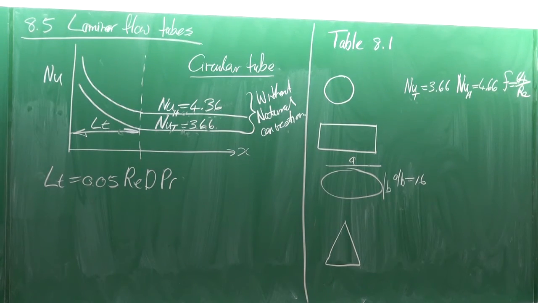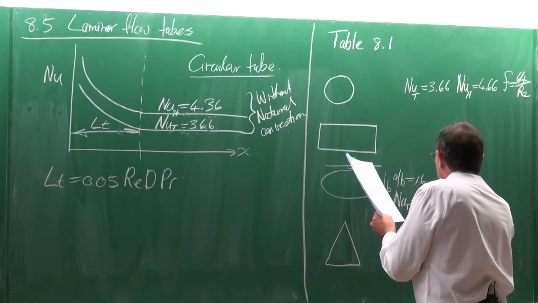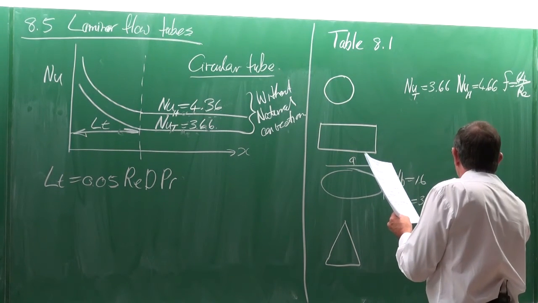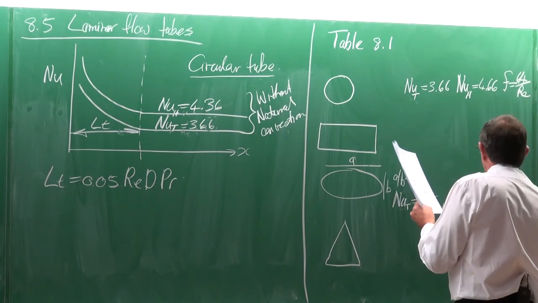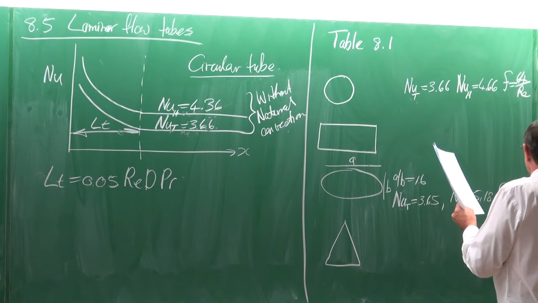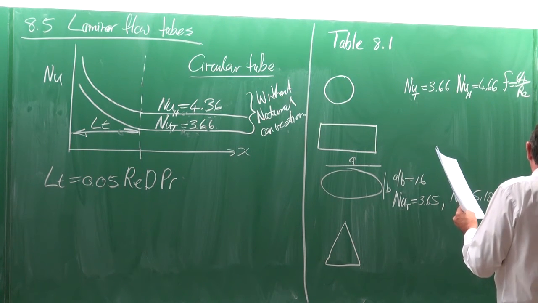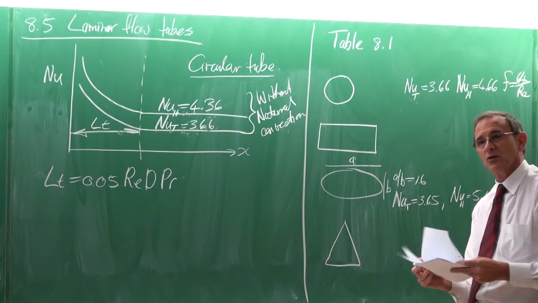Okay, for that case, for example, the Nusselt number T would be equal to 3.65. The Nusselt number H would be equal to 5.18. And the friction factor would be equal to 78.16 divided by the Reynolds number. Okay. So there are tables available in which you can get more accurate results.